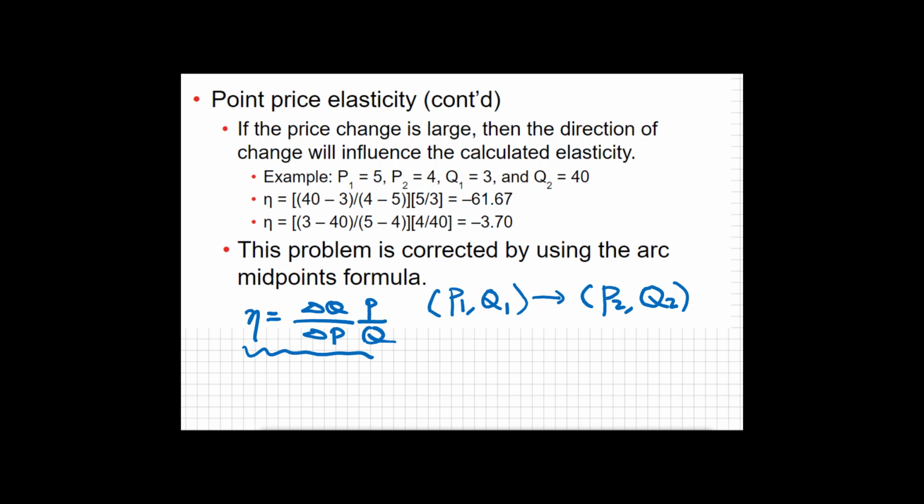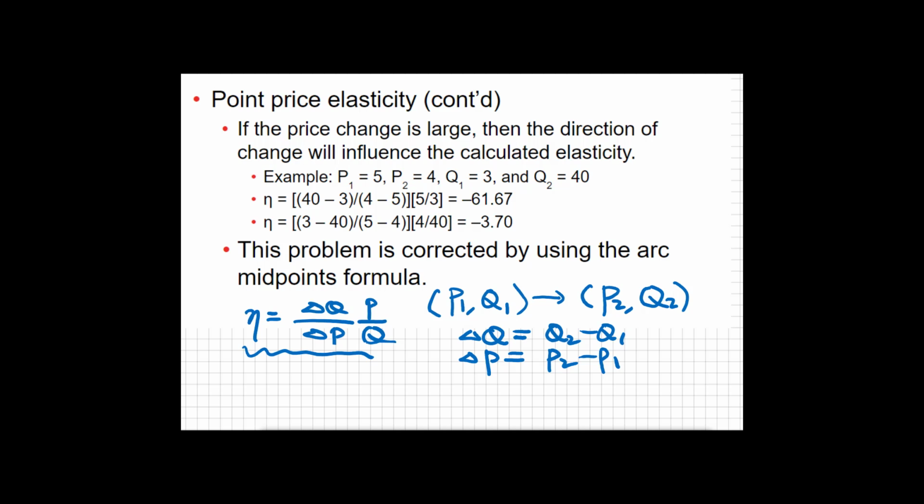So when you measure delta Q and delta P, delta Q will be the difference between the new quantity and the initial quantity, so Q2 minus Q1, and the price is also measured for its change as P2 minus P1, right? So you'll plug these changes into the fraction in the first term on the right-hand side of the equality.